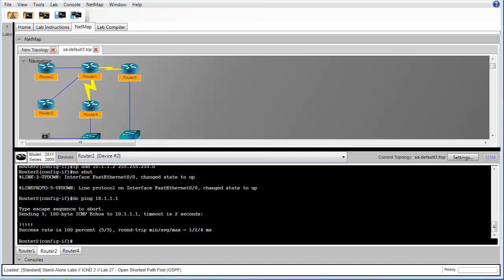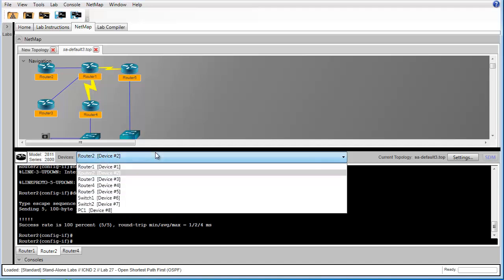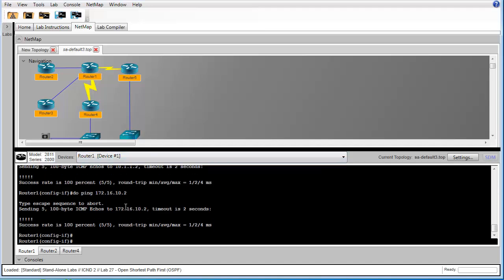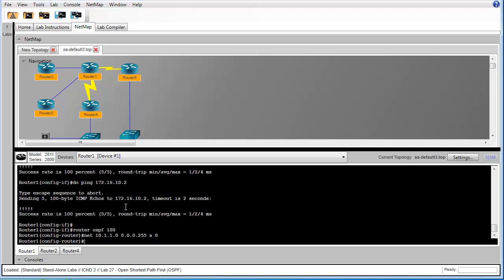In task 2, we are required to configure OSPF on all 3 routers. We're going to configure each one with OSPF process 100, and we're going to give the explicit network statements and put those in area 0.